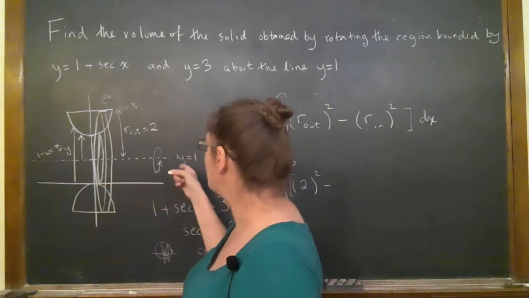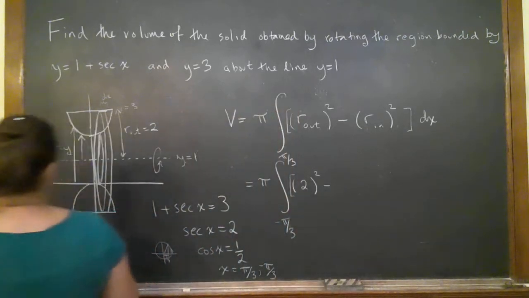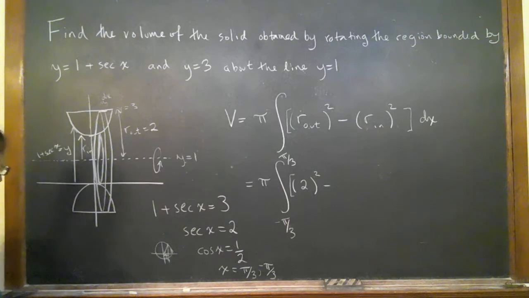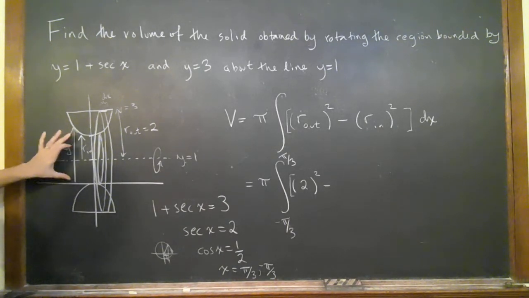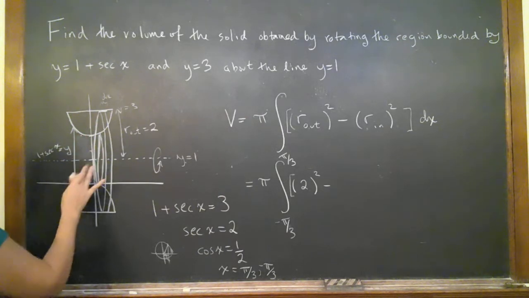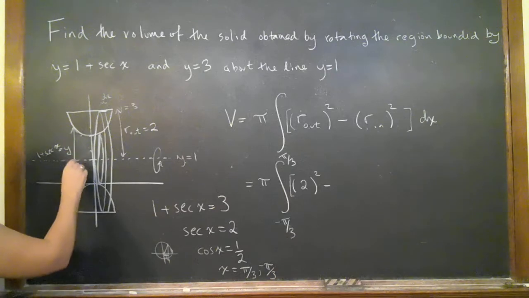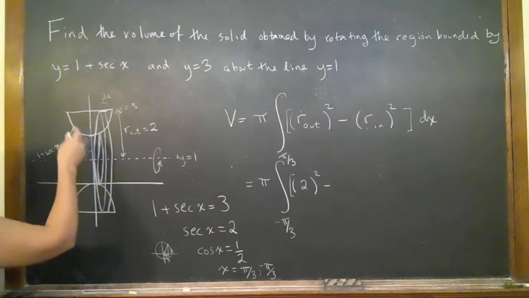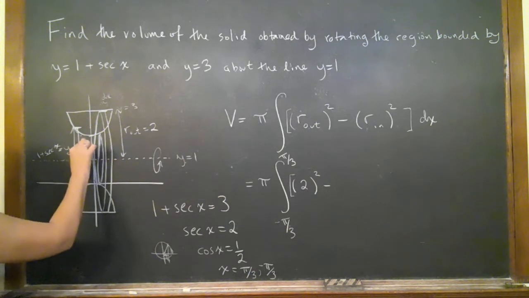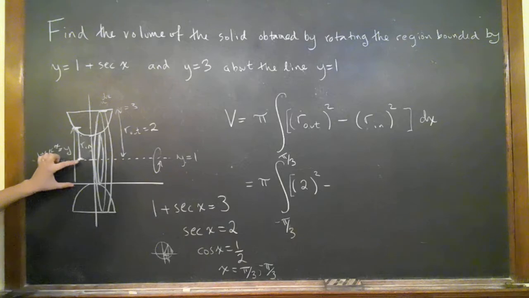We're rotating around this line, so our inner radius, the way I would think about it is you want this, yes, that's confusing, right? So this whole thing is y. For our radius, we just want this piece, right? So we want to subtract this bit, right?